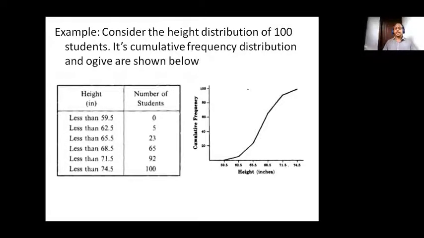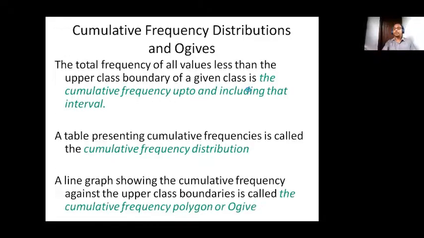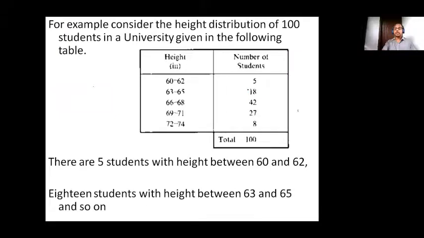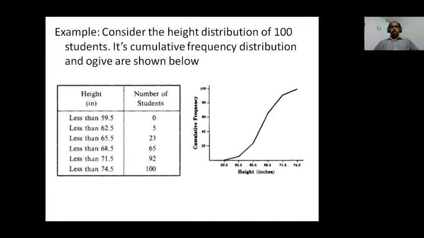Less than 65.5, there are 23 students. How? There are 18 students in the class 63-65 and 5 students in the class 60-62. So less than 65.5, there are 18 plus 5 equals 23 students.